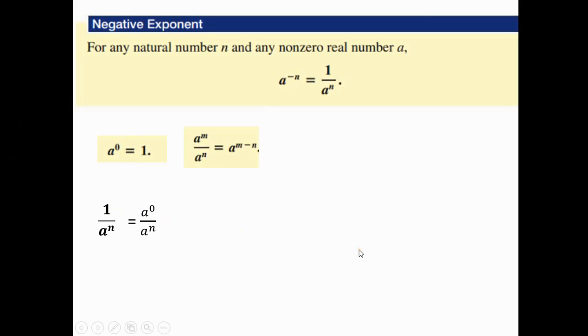Now let's apply our quotient rule to this rational expression here. That is keeping the base a and subtracting the exponent of the denominator from the exponent in the numerator. So we got a to the power of 0 minus n, which is a to the negative n. So we just demonstrated our negative exponent rule there.